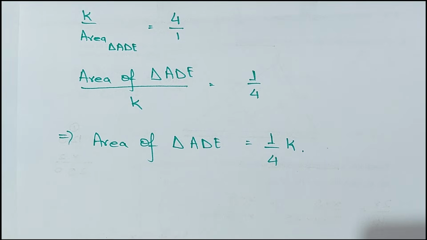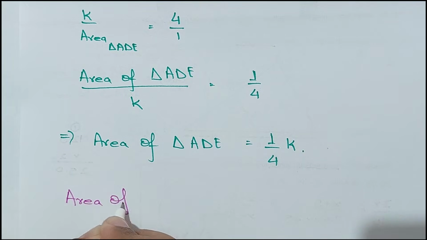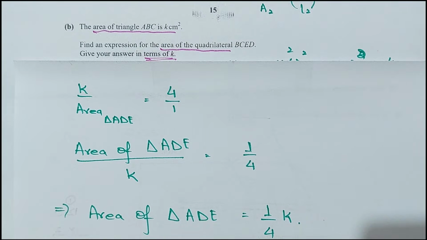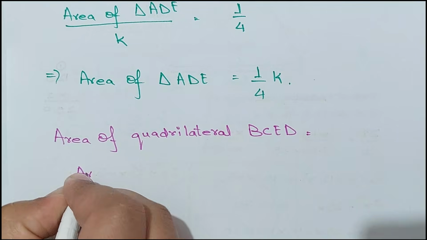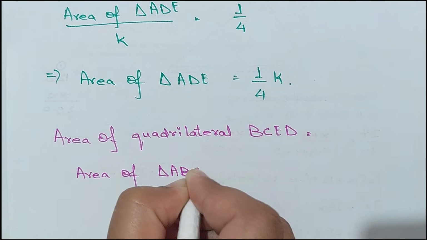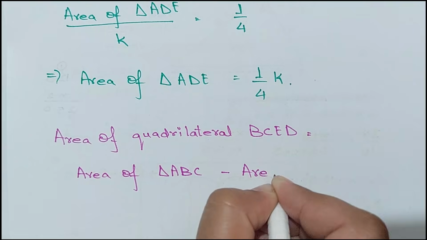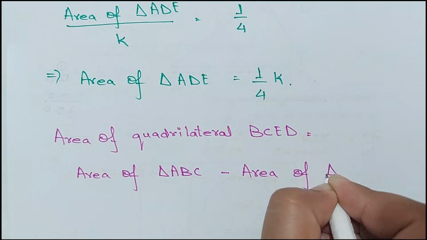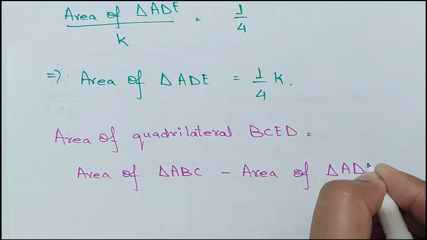So we can say area of quadrilateral BCED is equal to area of triangle ABC minus area of triangle ADE.